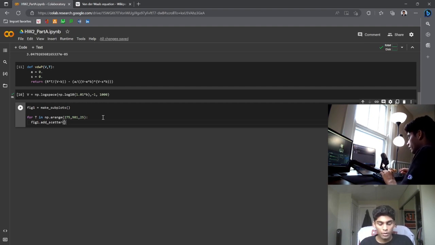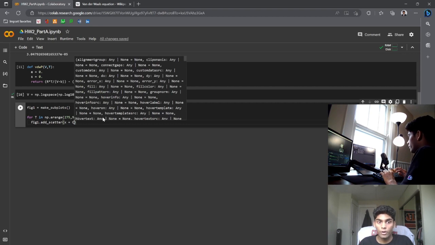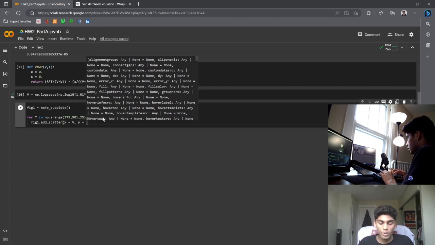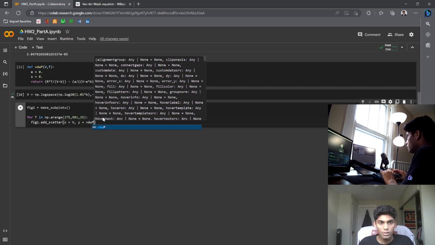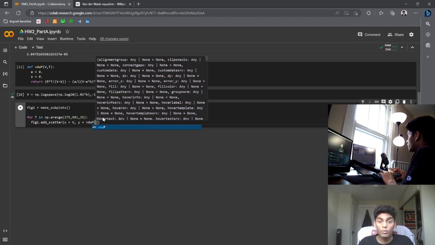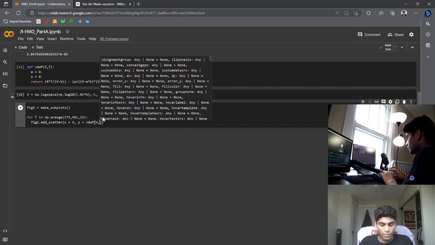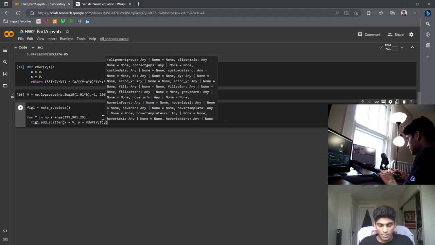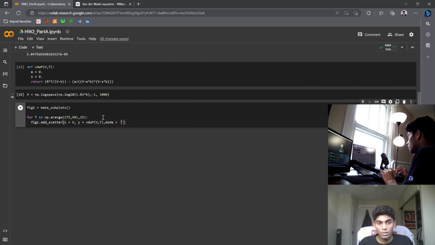and we know our x is going to be equal to our volume, and our y is equal to that van der Waals pressure, VDWP, with inputs of volume and temp. And let's go mode is equal to lines. We're going to do something here to create our legend on the side.